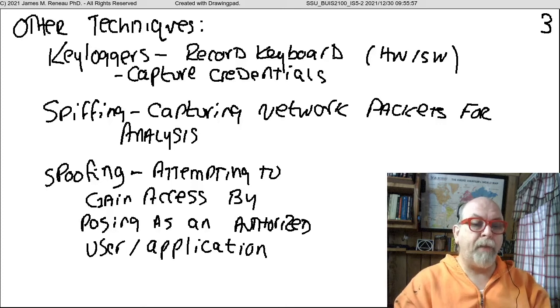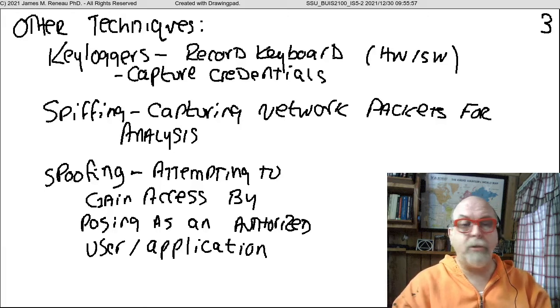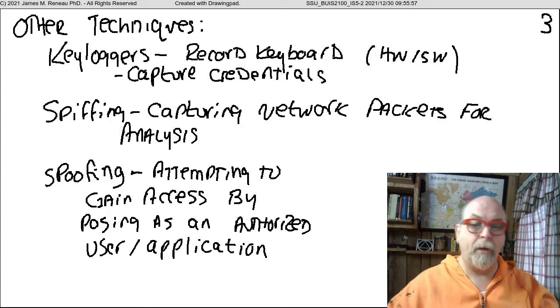And then spoofing is attempting to gain access by posing as an authorized user or application. These are other techniques that are also being used in addition to the ones on the previous slide.